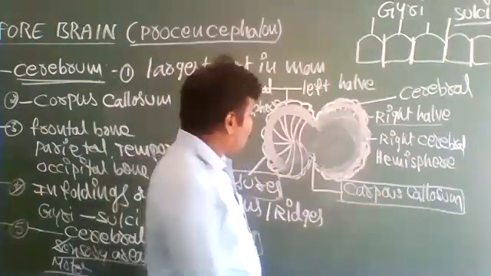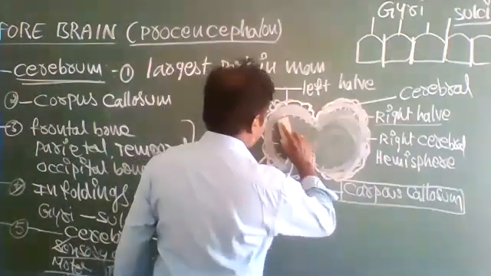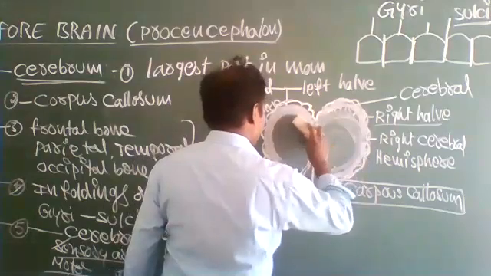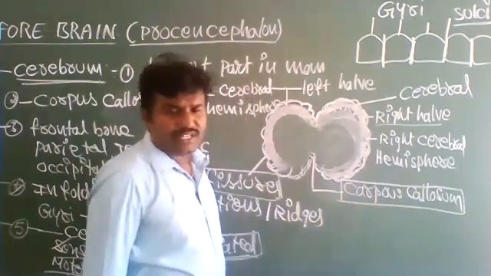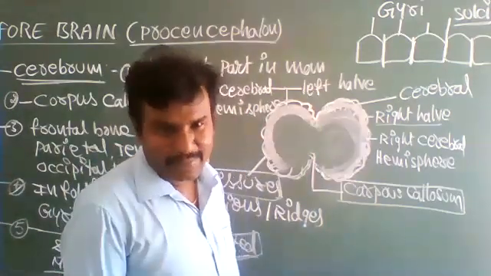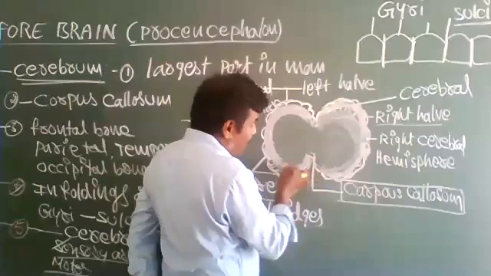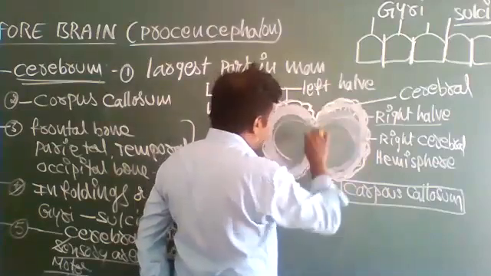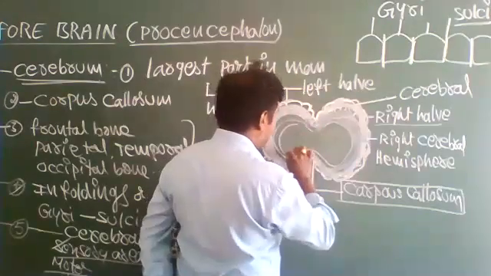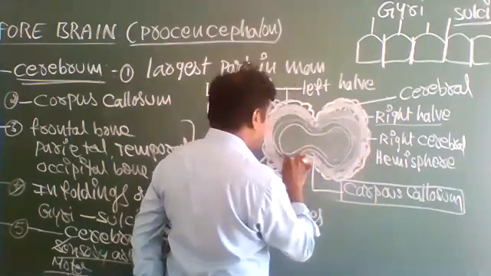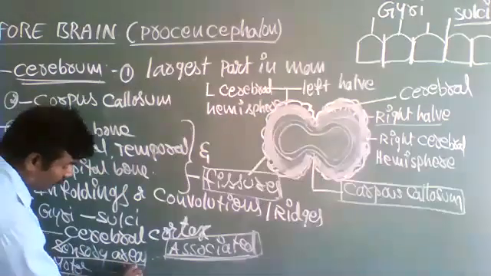So beneath the cerebrum there is a complex structure that is called the thalamus. This part is called thalamus. Beneath the cerebrum there is another structure that is called thalamus.